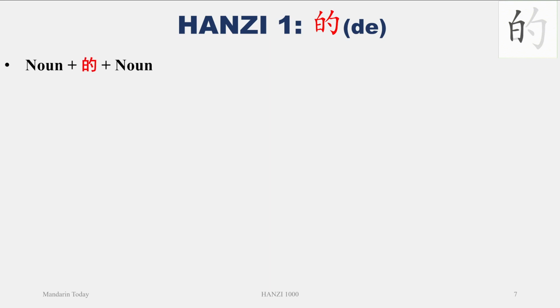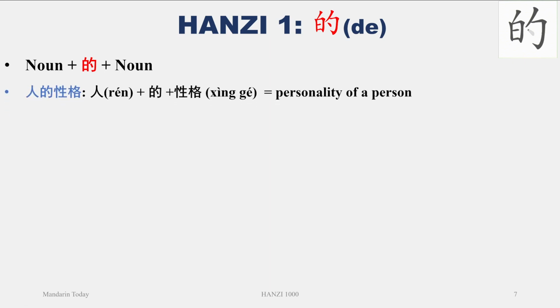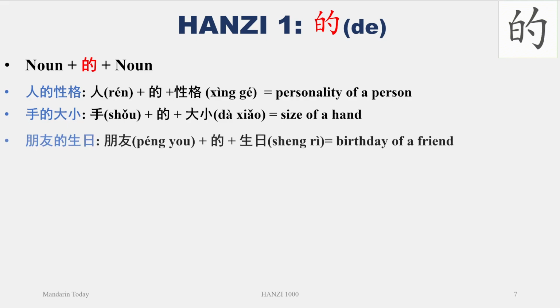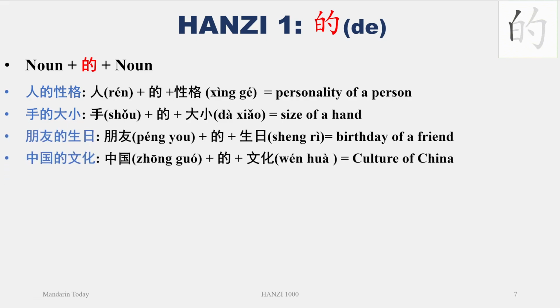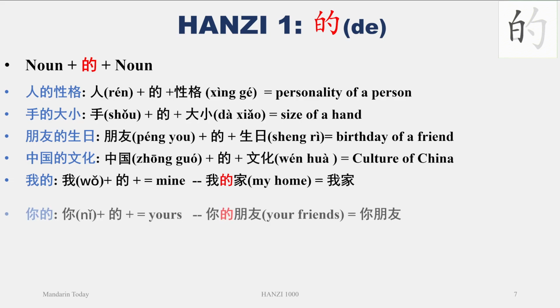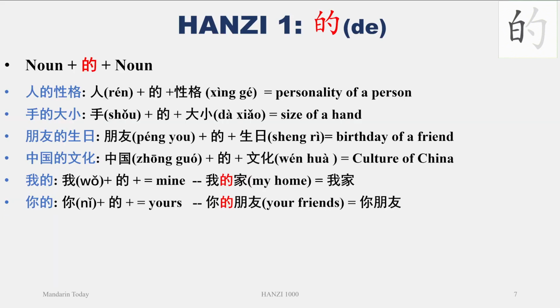Next, we have another grammatical structure where the noun acts as the attributive, followed by 的 and followed by another noun. Here I have shown you several examples. I'll first read through all of them and explain them one by one. First, 人的性格, the person's personality.